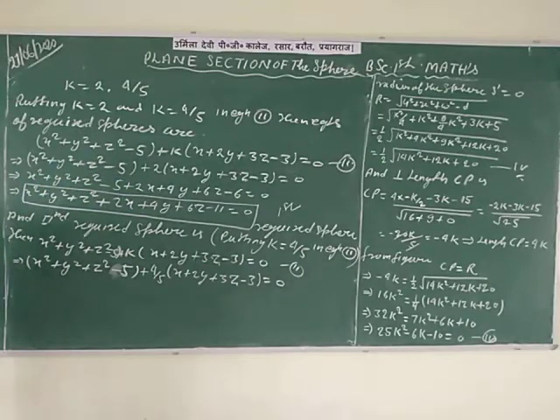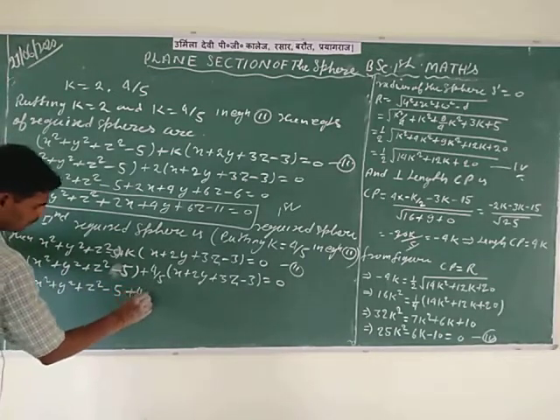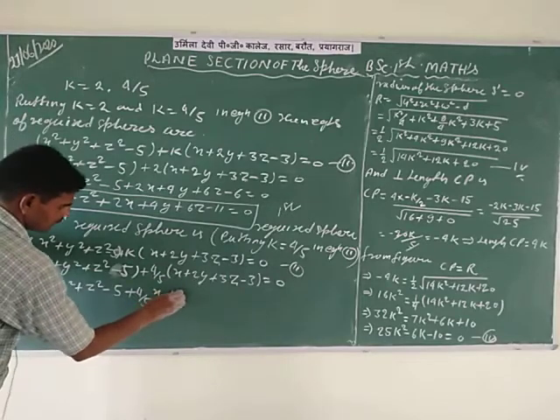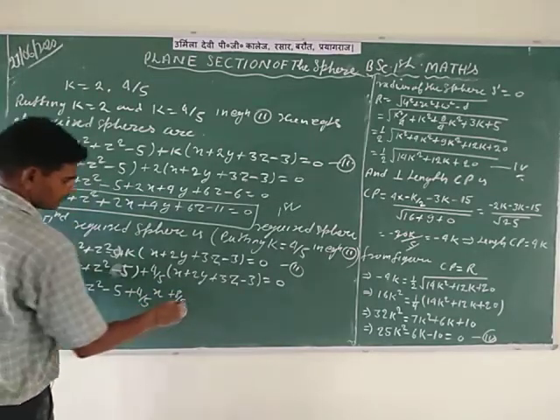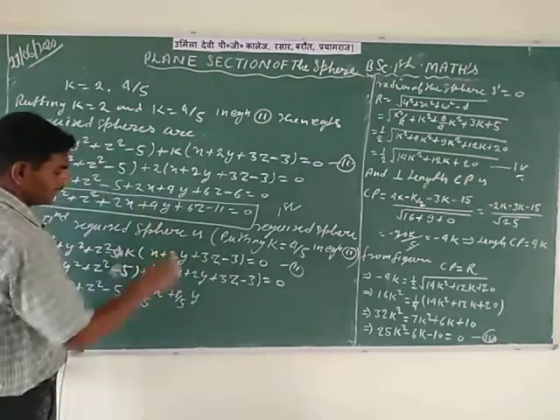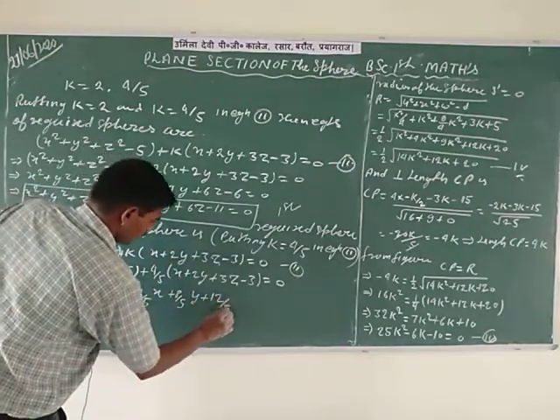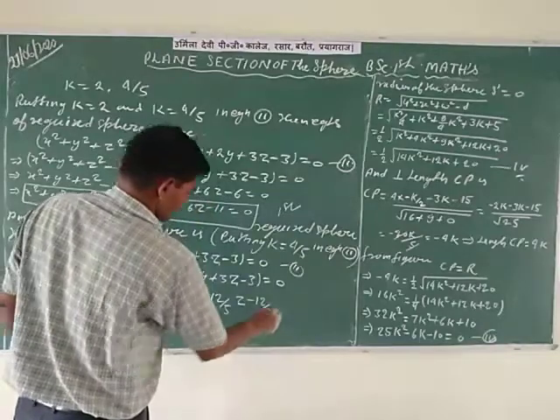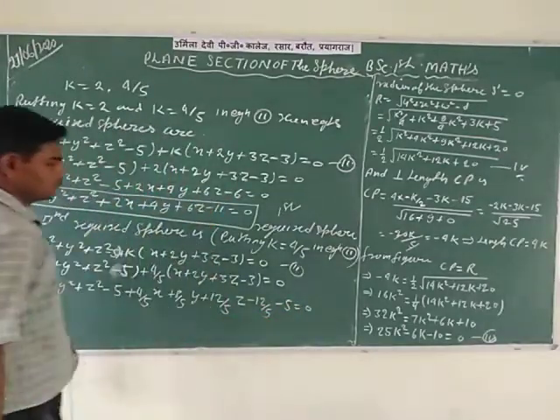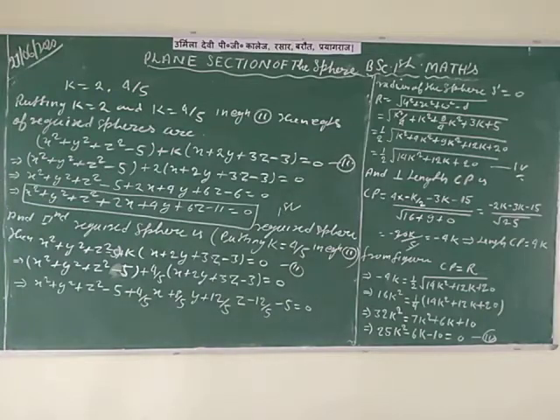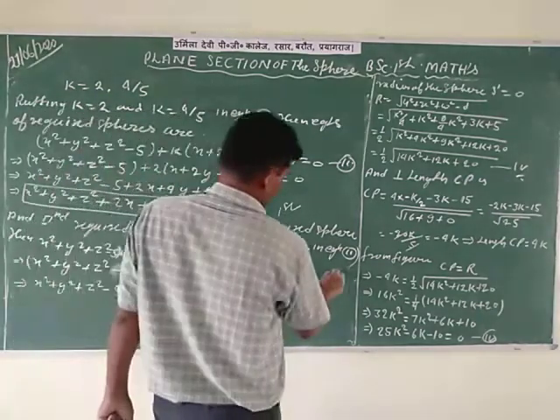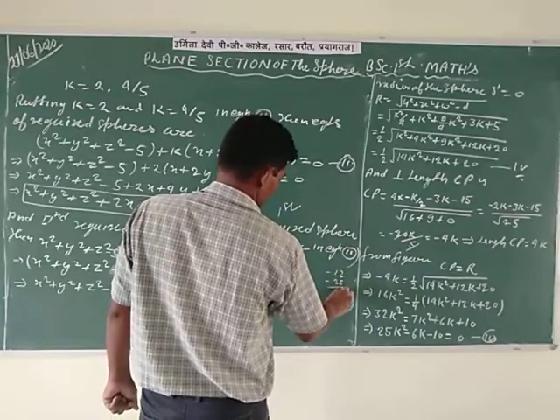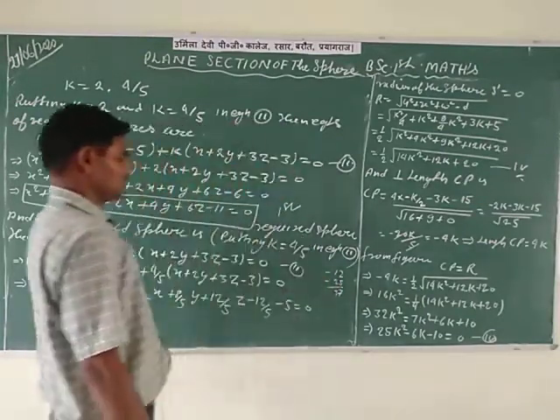After simplification, write in the form x square plus y square plus z square minus 5 plus 4 by 5 x plus 8 by 5 y and 12 by 5 z minus 12 by 5 and minus 5 is equal to 0. Here simplify this: minus 25 minus 12 is equal to minus 37.